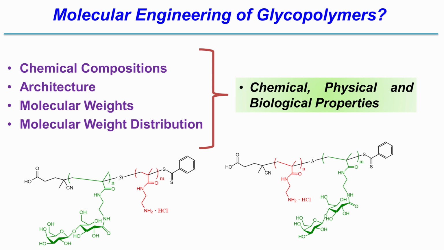Here we have a galactose which is attached to the polymer. If you look at these two structures, you would say, oh, they are the same, but they are actually very different, right? Not only in terms of the arrangement of the different monomers in the polymer, but also in their properties, not only physical, but also biological properties.